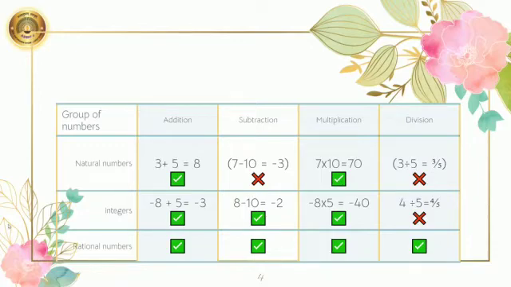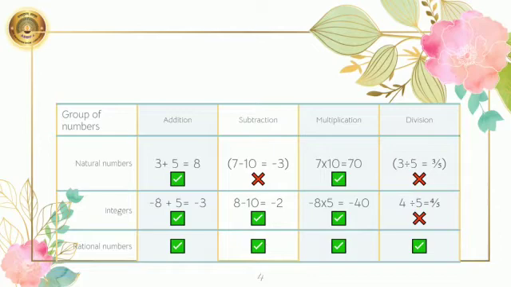So under subtraction, we put a cross mark. Now, multiplication. 7 multiplied by 10 is 70. So when you multiply natural numbers, the answer is also a natural number. Whereas in the case of division, when you divide two numbers, the answer need not be a natural number. So we put a cross mark here.